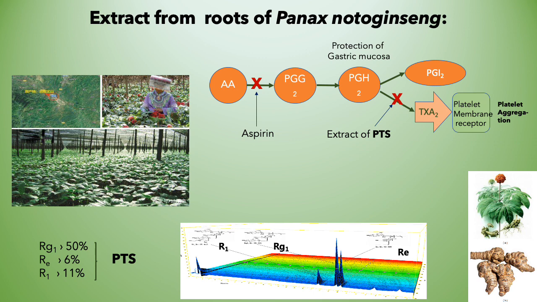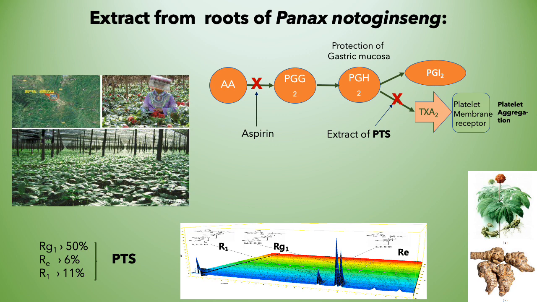It's from the extract of the root of Panax notoginseng, and it actually contains Rg1, Re, and R1. Altogether it's almost 70% PTS. So you can see this is the extract from the notoginseng root, and it inhibits the pathway from arachidonic acid to inflammation.